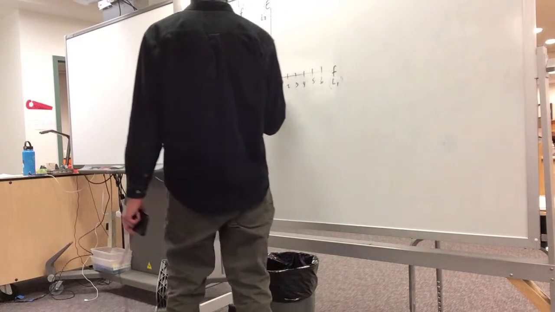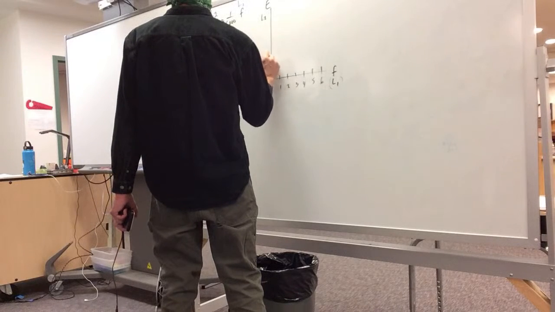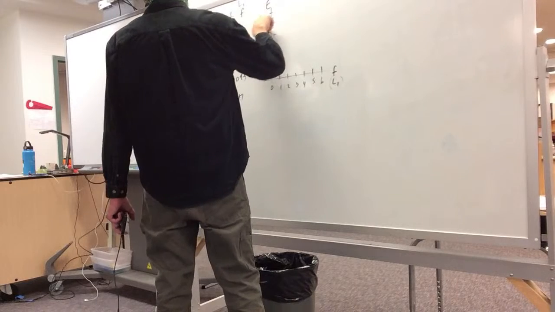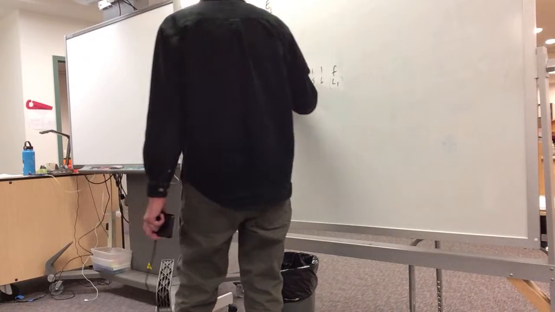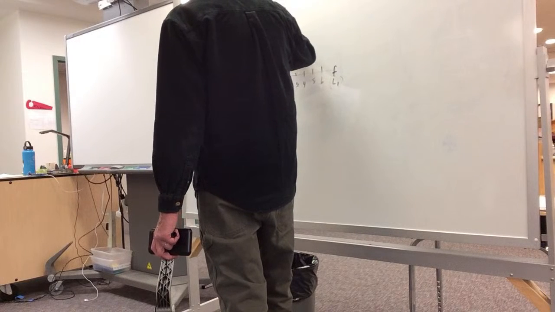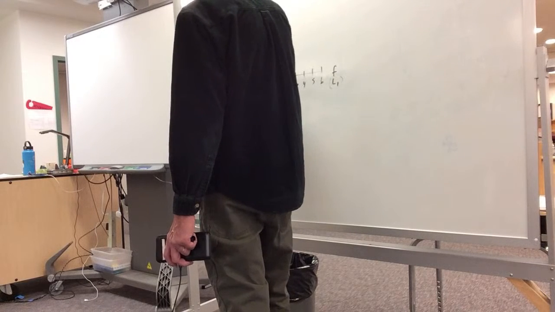This is hard. So let's see, 1, 2, 3, 4, 5, 6, 7, 8, 9, 10. That's how I'm going to get this done. And I'm going to say that if this is 10, that's going to be 0.001.